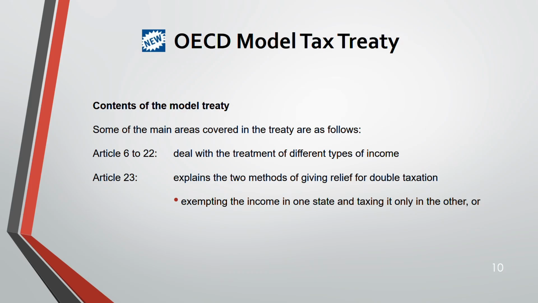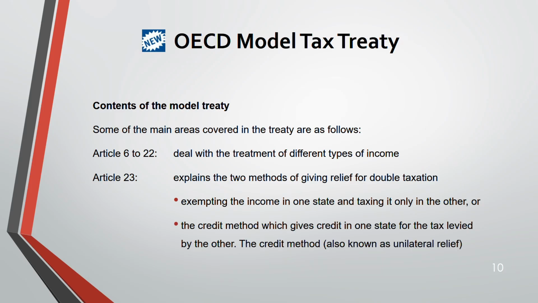That means only one state will tax the entire income. In the other state, the income is exempt. Or the credit method, which gives credit in one state for the tax levied by the other. This credit method is also known as unilateral relief. Mostly we follow the second method in double tax.